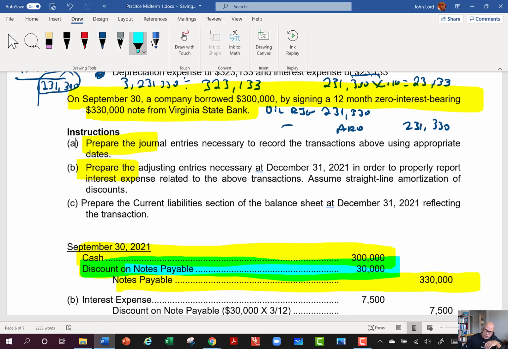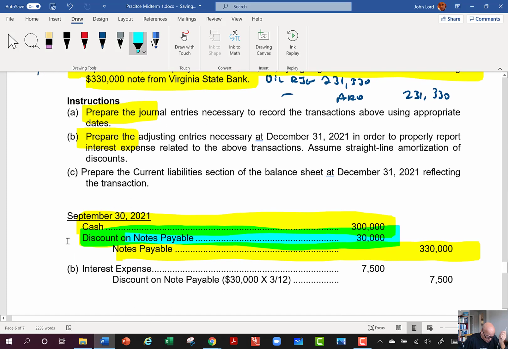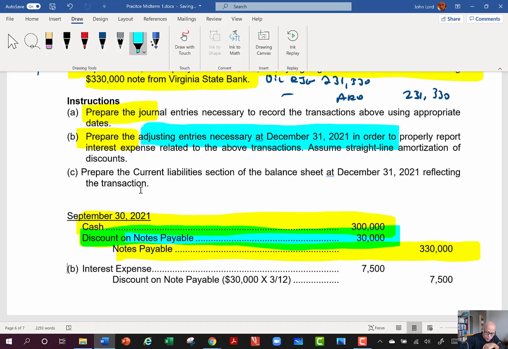Just like we saw in that multiple choice question we were looking at before. Now, to calculate the interest expense, we have to do what? That's what they asked us to do next, at December 31st. What is the interest expense?